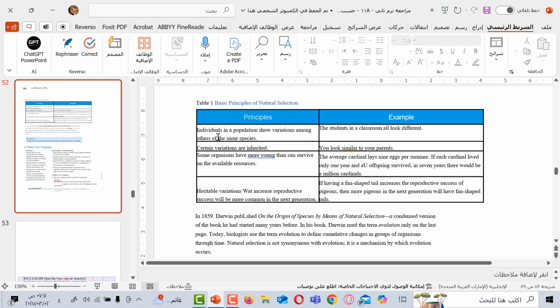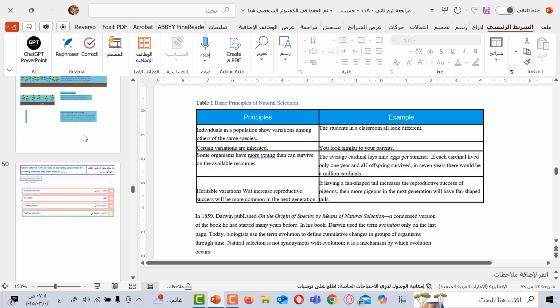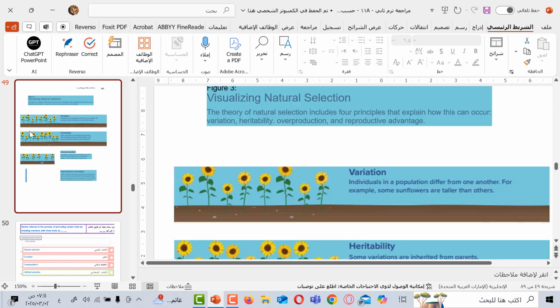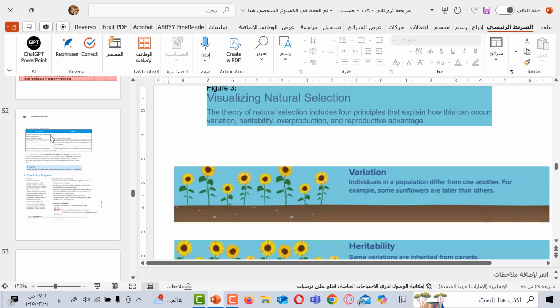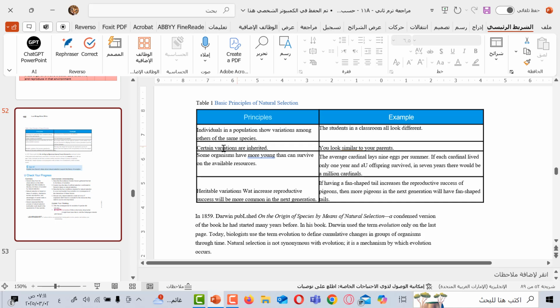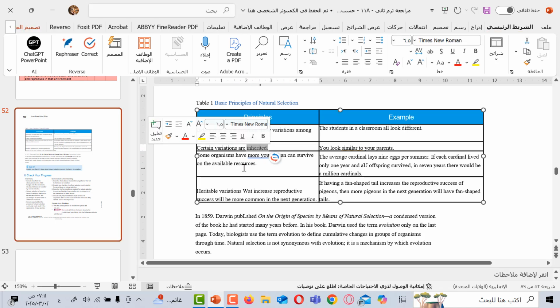Individuals in a population show variation. Okay, as I said, this picture is mentioned here in this table. Number 1, the variation. Number 2, inherited. Number 3, overproduction, meaning more young can survive.